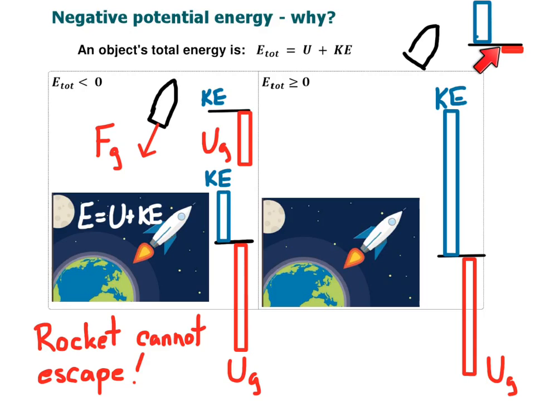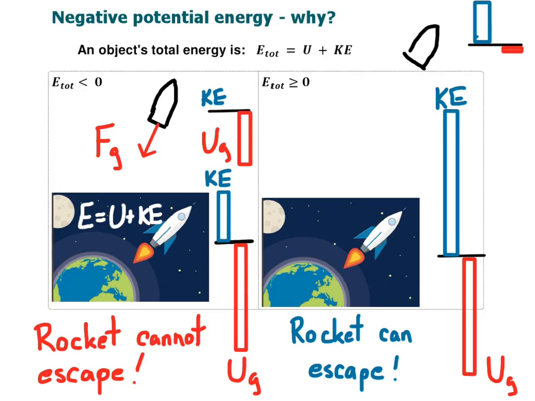Even though we do have some gravitational potential energy, even at very, very large distances, we still have plenty of kinetic energy that we're never going to run out, which means we are free to go wherever we want. We're never going to run into the scenario where we run out of velocity and we have to start falling back toward Earth. And in that case, the rocket is free to escape.